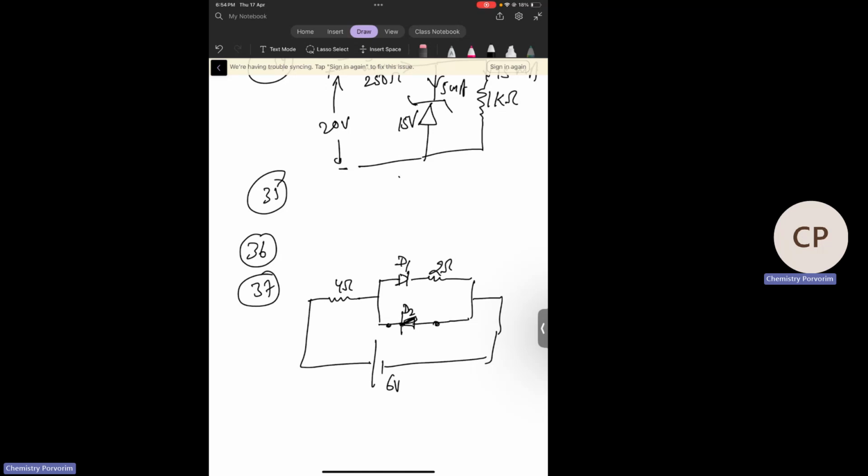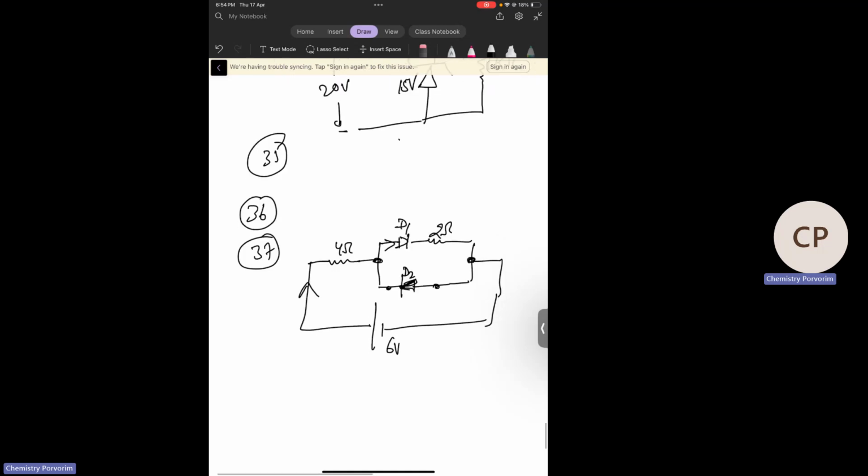So potential difference across D2 is the same as potential difference across this 2 ohm, and current will go through 4 ohm and then 2 ohm. So net current is 6 volt divided by 6 ohm, I is 1 ampere. Now potential difference across 2 ohm is 2 volt. Option B.